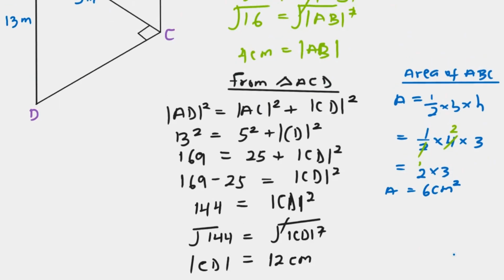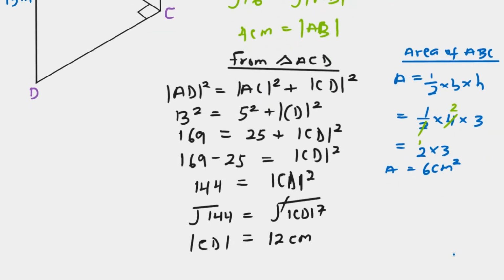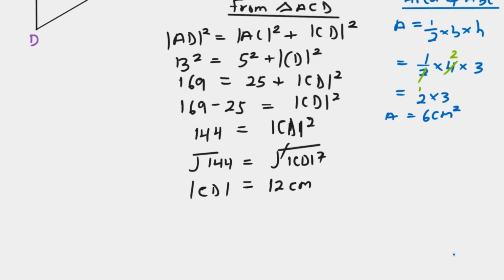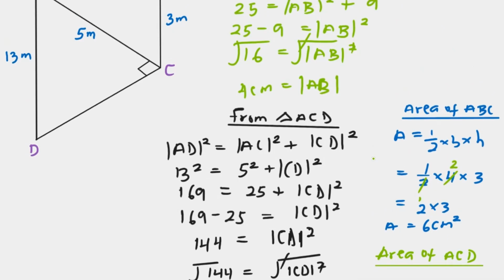Let's find the area of triangle ACD. So we have the area of ACD. So the same approach, because ACD is also a triangle.